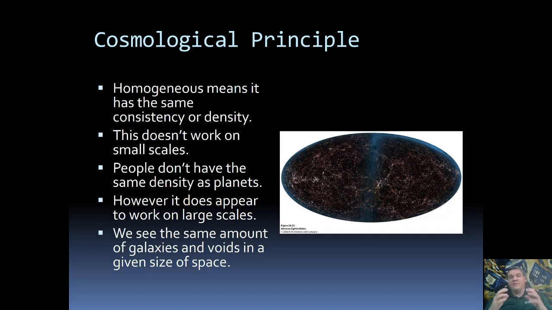We have to get up to a big enough size to see this working, and again, this appears to happen. Once we get to around 150 million light years across, then in a lump of space that big, we see roughly the same number of galaxies and voids in any region in the universe. So it does seem that the universe is homogeneous.